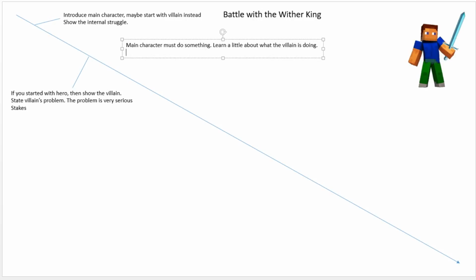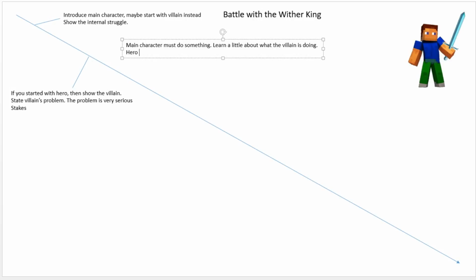But it's important, we don't want to know what the villain is doing yet. We just want hints. And the main character realizes in order to stop the villain, or in the case of the Watcher, in order to prove that Karkin is really there, he has to go out and find Karkin.